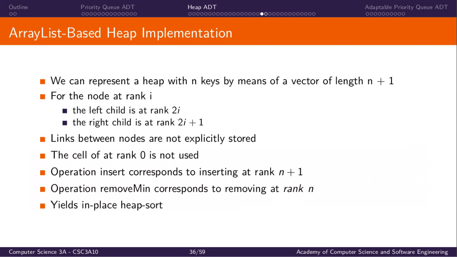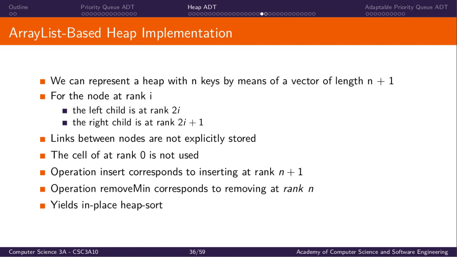The insert operation corresponds to inserting at rank n plus 1, where our last node is simply keeping track of rank n plus 1. That's constant time. Yes, we may have to do some operations to make sure the heap order is preserved, but we can easily insert into our last node.